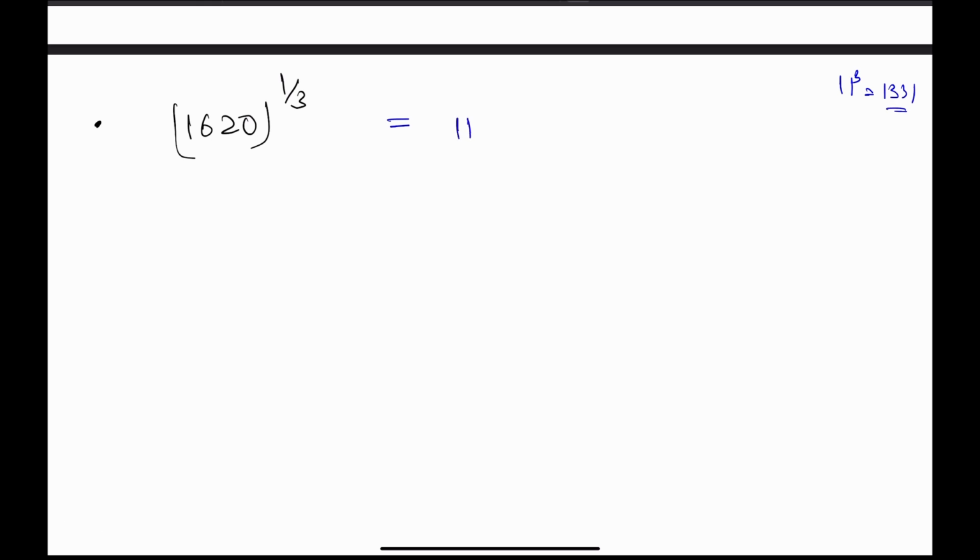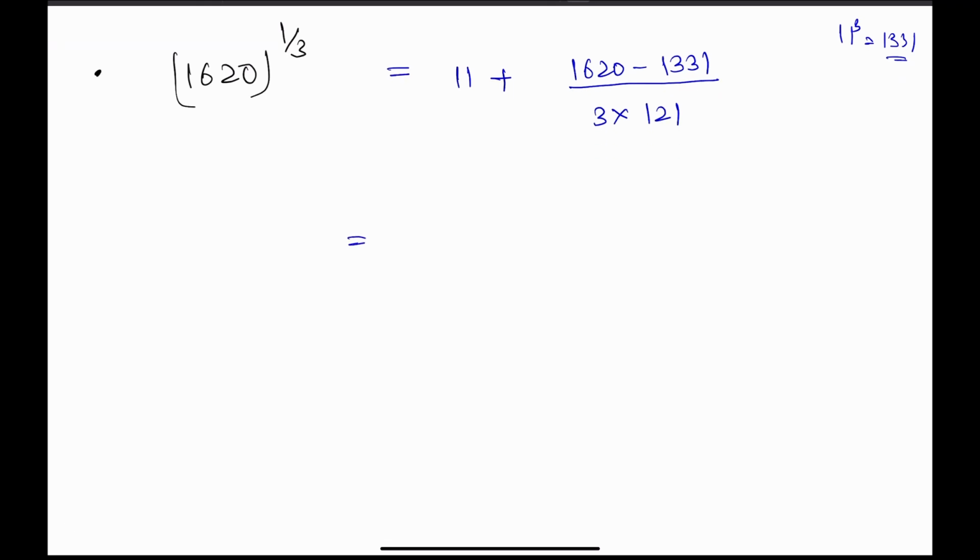So it will be 11 plus (1620 minus 1331) by 3 into 11 square, that is 121. So it will be 11 plus 289 by 363.